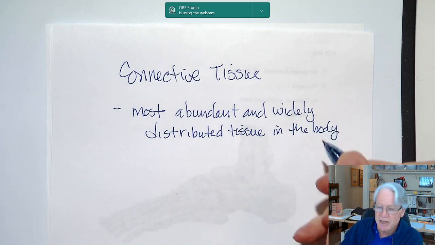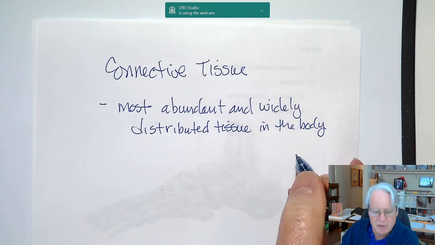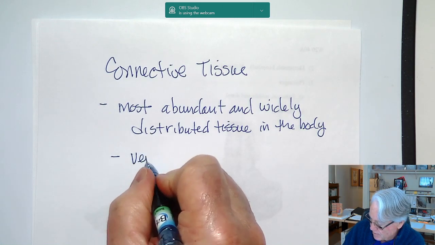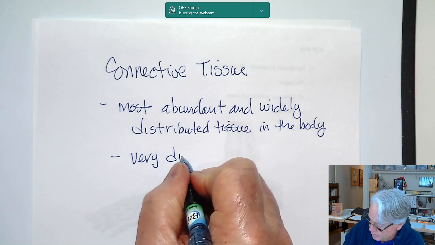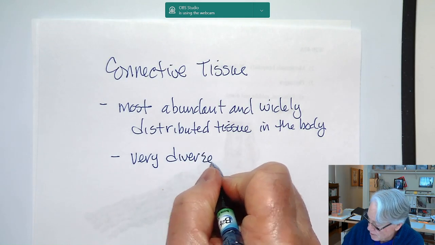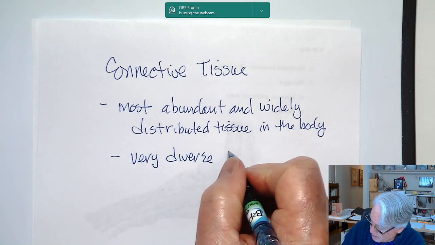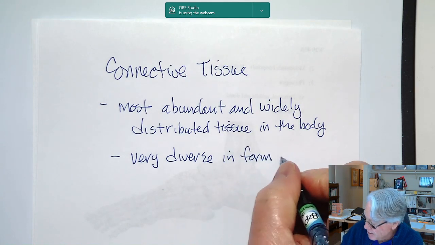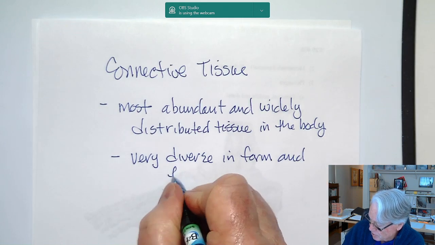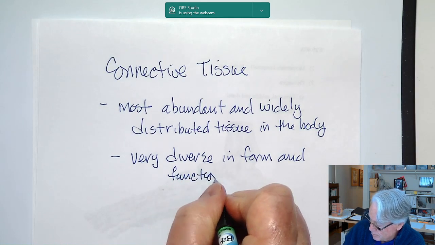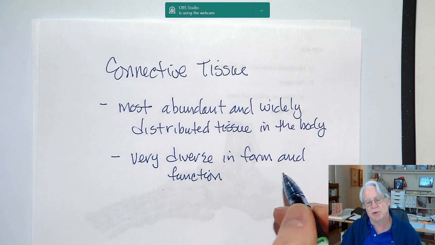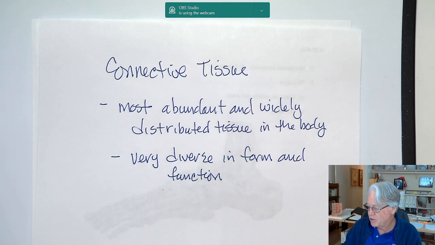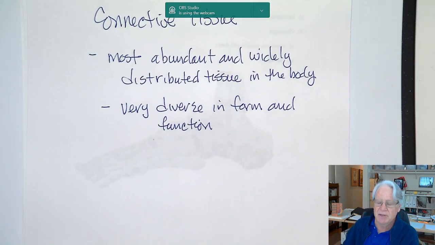So there's more connective tissue than any other type of tissue that we are composed of. It's very diverse in form, and as you can imagine, also function. So the more different forms we have, the more different functions we're going to get. All right. Let's talk about some characteristics of connective tissue.